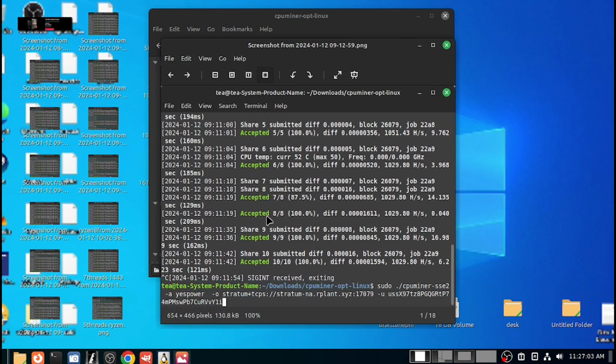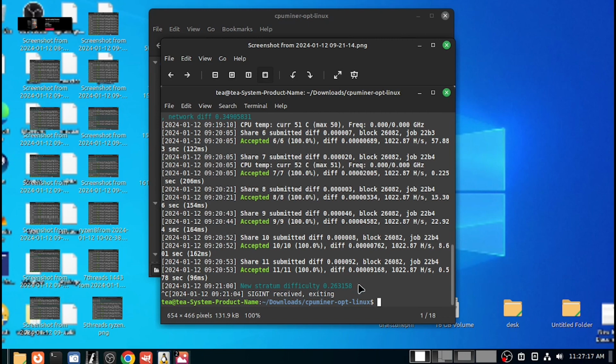and here's a screenshot, and we got 1028.80 hash per second. Then the next test I ran, and that was the AVX, and I got 1022.87. Then let's go.